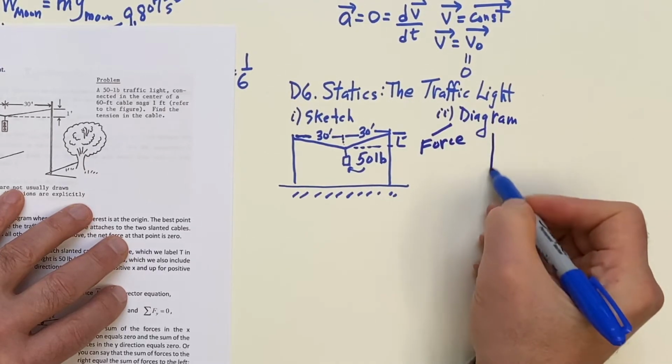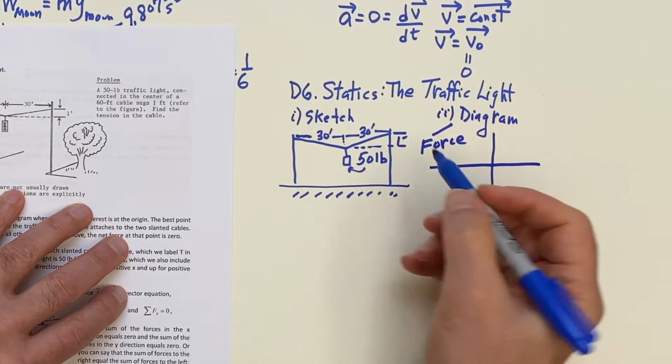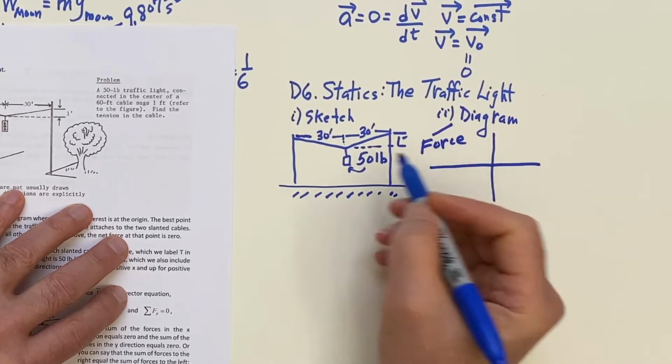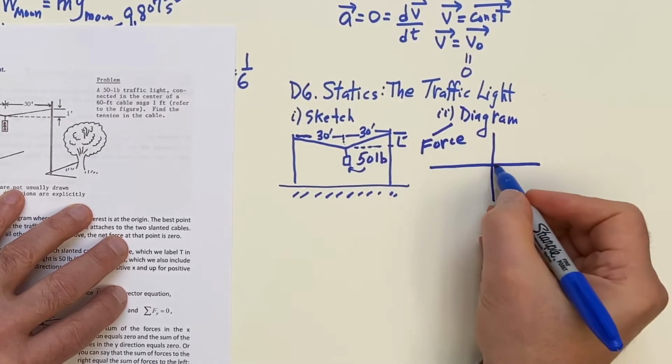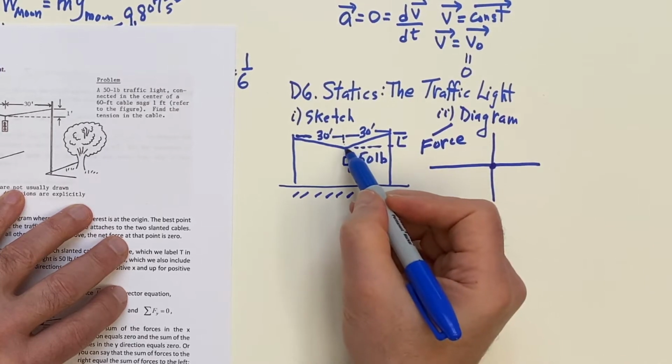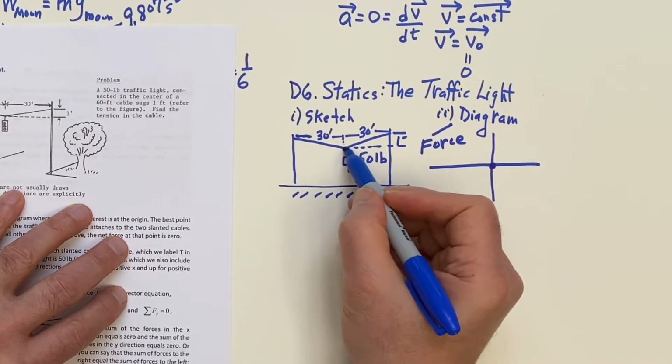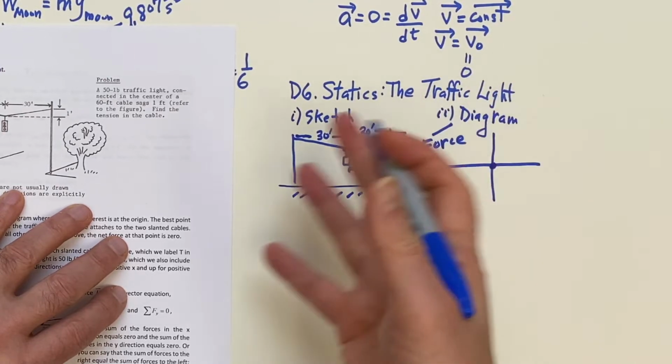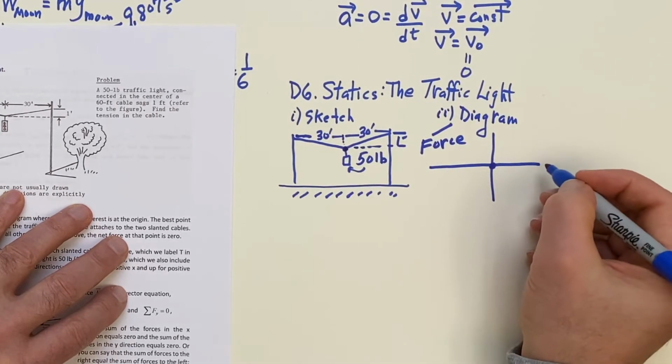In the free body diagram, you take the object or a point and put it at the origin. I'm going to pick this point, like right there. You can pick any point. It's all in equilibrium. Everything's static, all right?